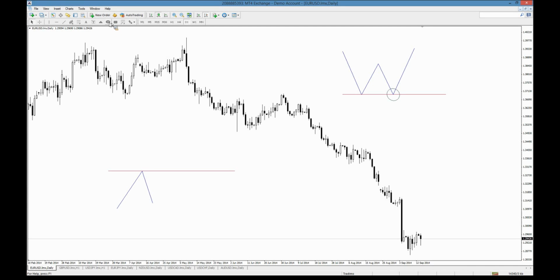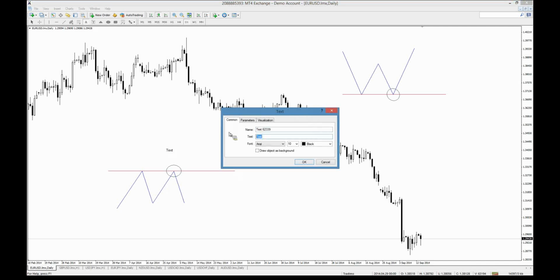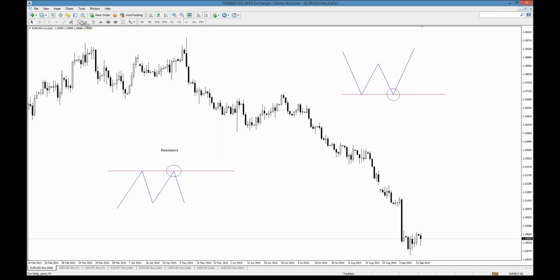Essentially what we're looking for is, when price approaches this level once again, to see if these guys will come in again. We're looking for the sellers to come in once again and reject price off this area. So this is referred to as resistance, and over here we have support.